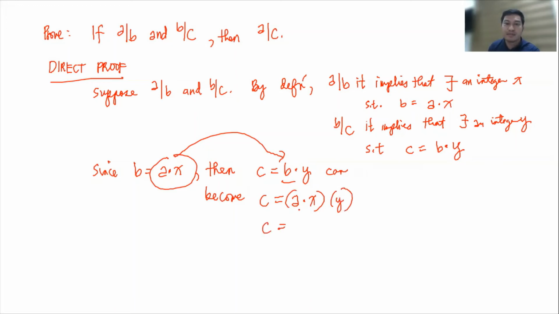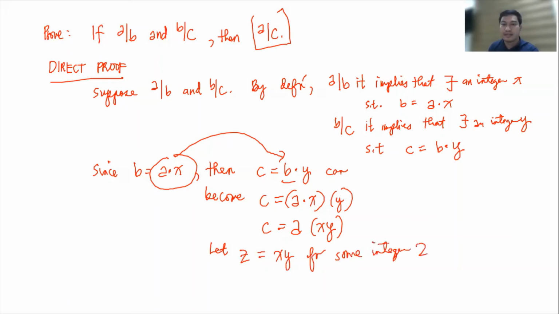Then C is equal to, because we wanted to have A divide C, so we need to separate A here and we can combine x and y. So with this, you can have Z is equal to xy for some integer Z. So you can have here, then C is equal to AZ.